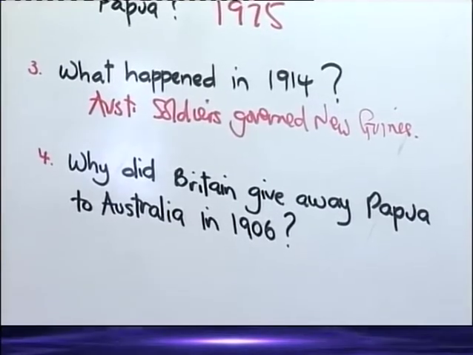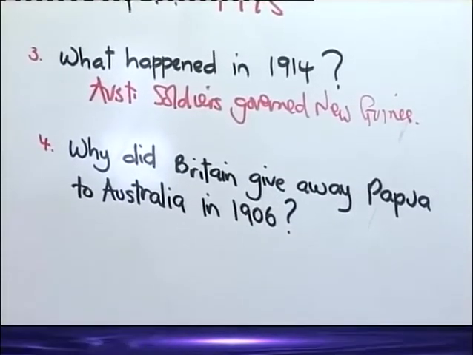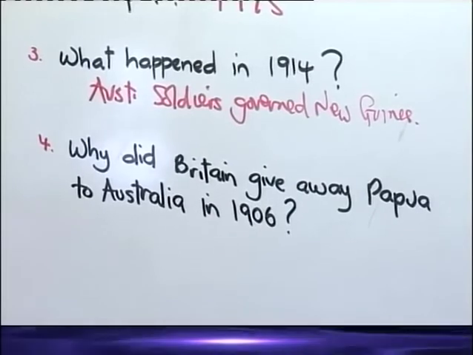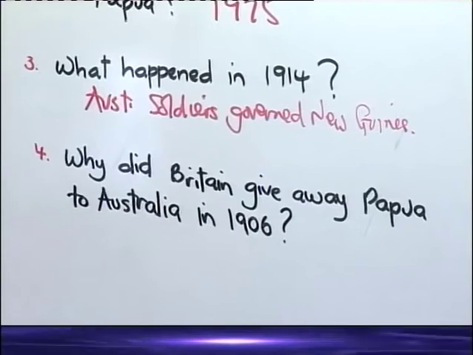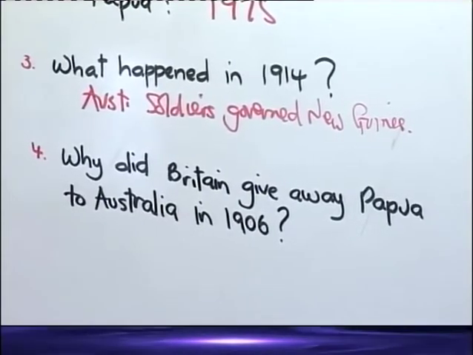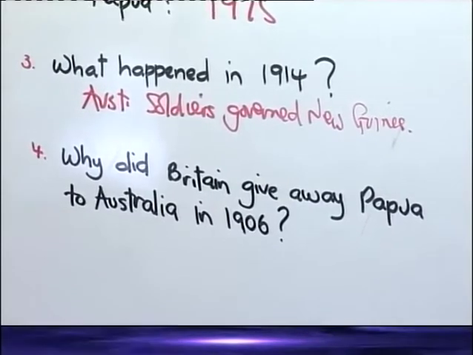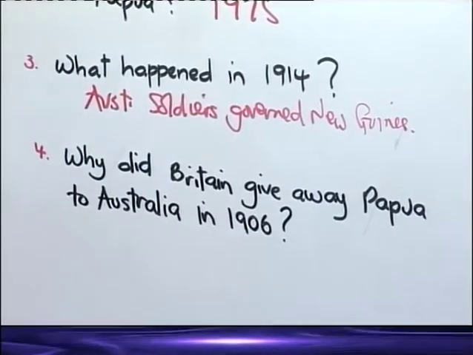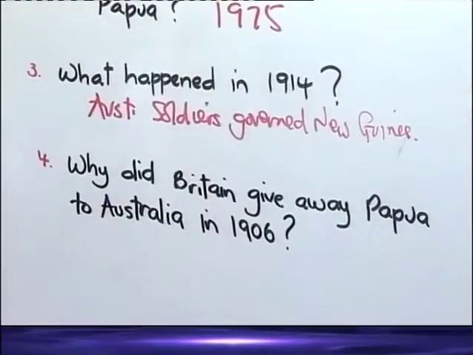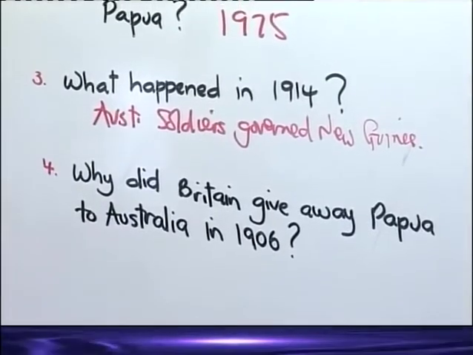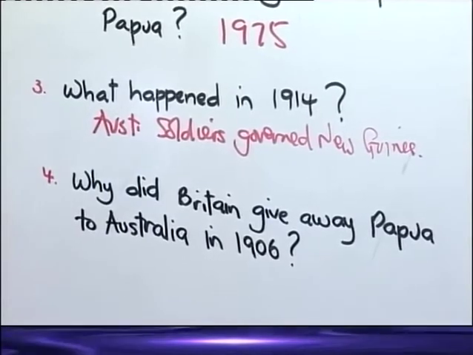Why did Britain give away Papua to Australia in 1906? Any ideas, any answers, please, quickly? All right, Zimalin. In 1906, because Australia became independent. All right, because Australia became a newly independent country, so it was capable of looking after Papua.